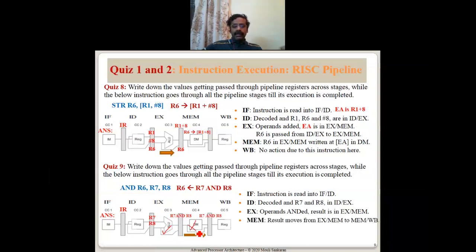Do you have to do anything here? No. It's similar to whatever you saw in the add instruction. So the result comes here directly and it is written into R6, which is here. So I'm pretty sure you now understand clearly how an instruction pipeline works.